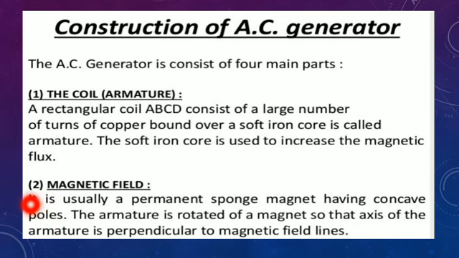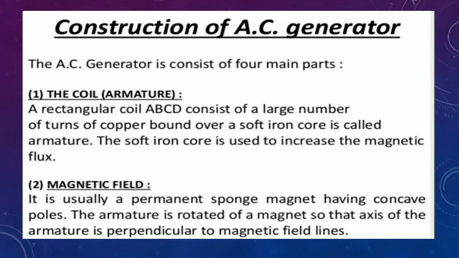The armature is rotated between the magnet so that the axis of the armature is perpendicular to the magnetic field lines.